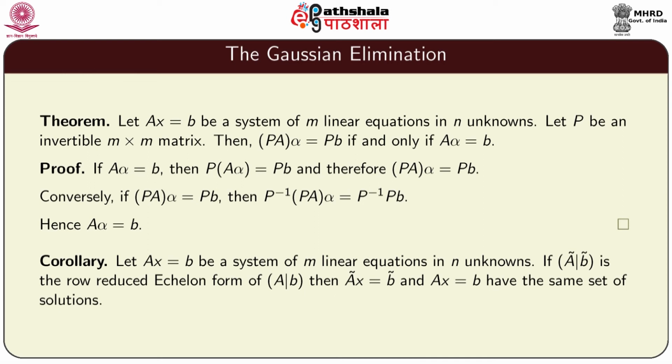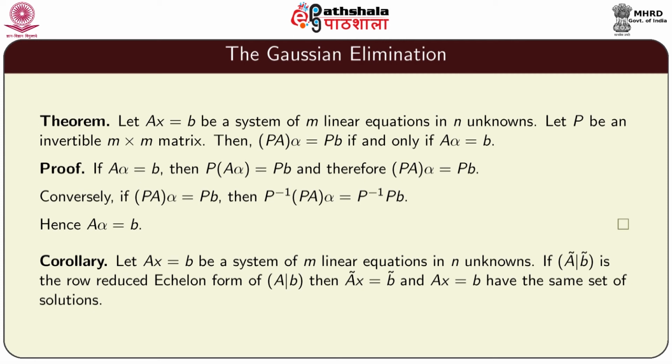Now, look at the corollary. Let Ax equal to B be a system of m linear equations in n unknowns. If A tilde, B tilde is the row reduced echelon form of A, B, then A tilde x equal to B tilde and Ax equal to B have the same set of solutions.